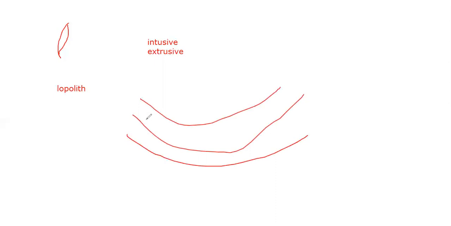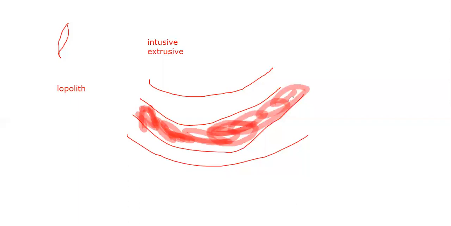Now, the lapolith would behave like a layer of rock, and it would be between it. So it's basically going between the layers of rock, right? And it's normally shaped like a basin.